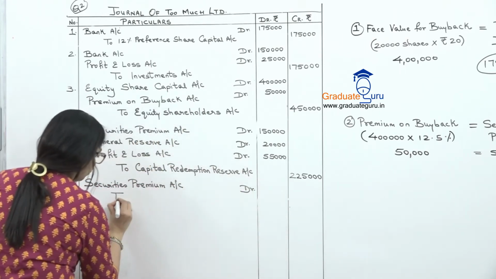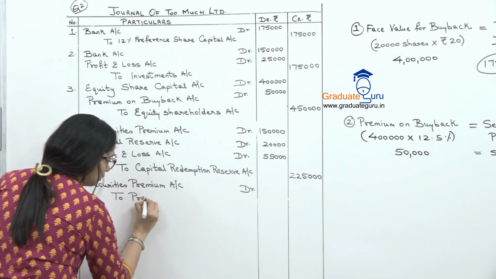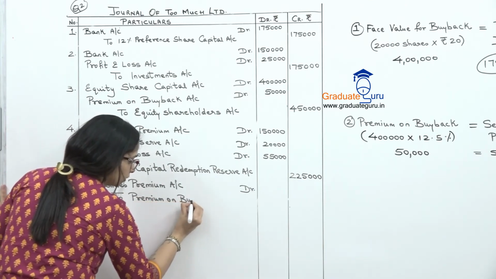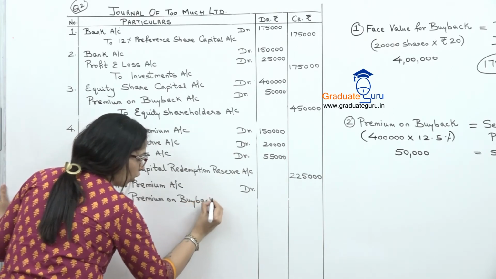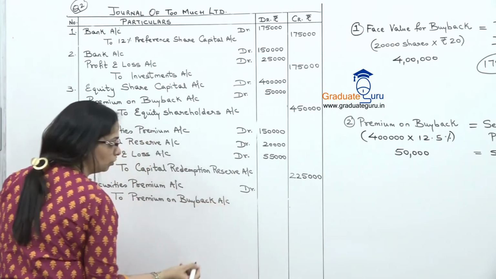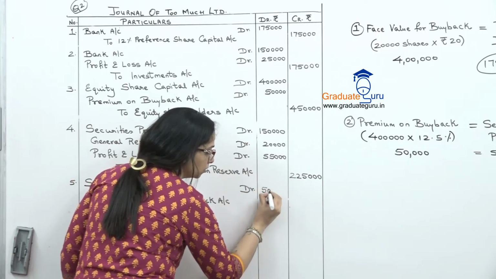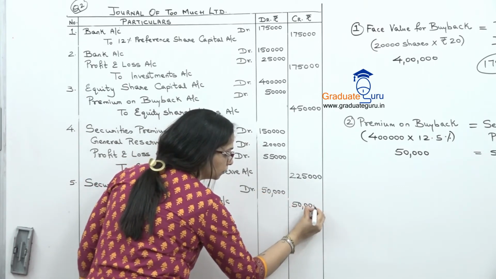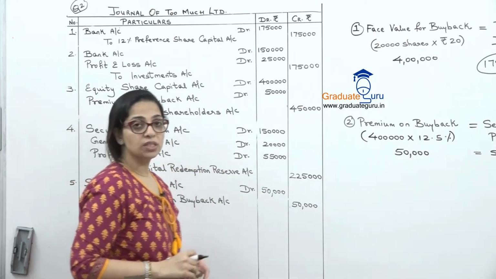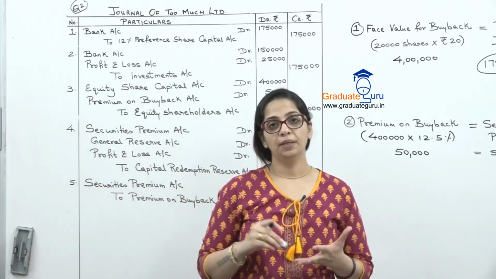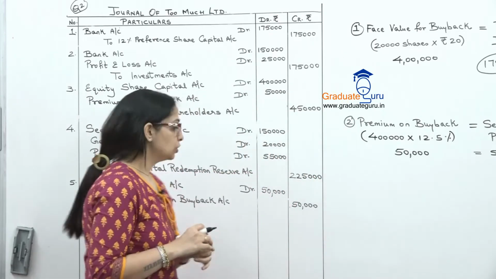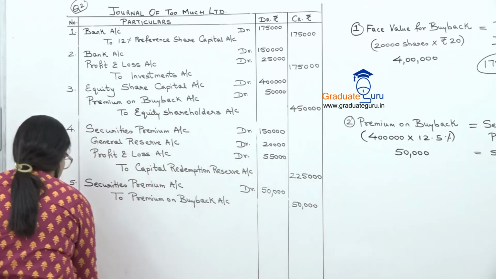And what are you using it for? Your premium on buyback. So to premium on buyback account, amount is 50,000. Okay. So the amount went to CRR, the premium is done. Now what remains is the payment. So that's our last entry.